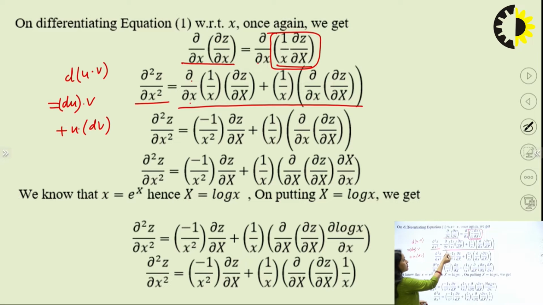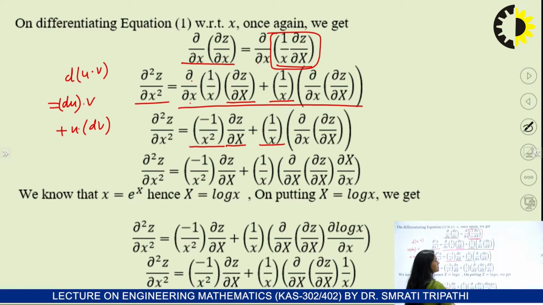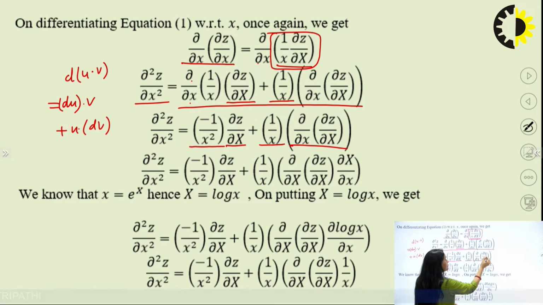Now when I will differentiate 1 upon x, we will get minus 1 upon x square, and this will remain as it is. Now plus 1 upon x will remain as it is, and we will get the differentiation of del z upon del of capital X with respect to del upon del of x.